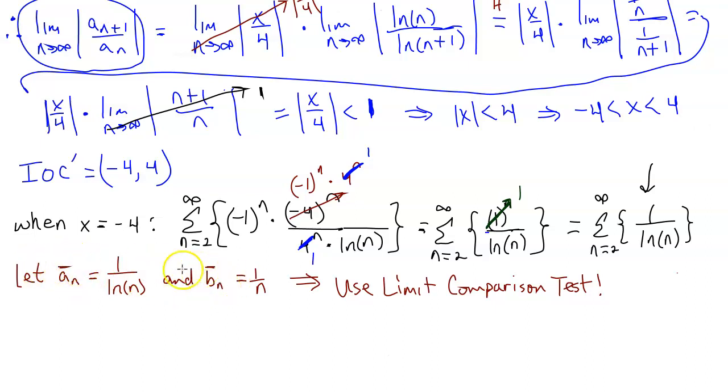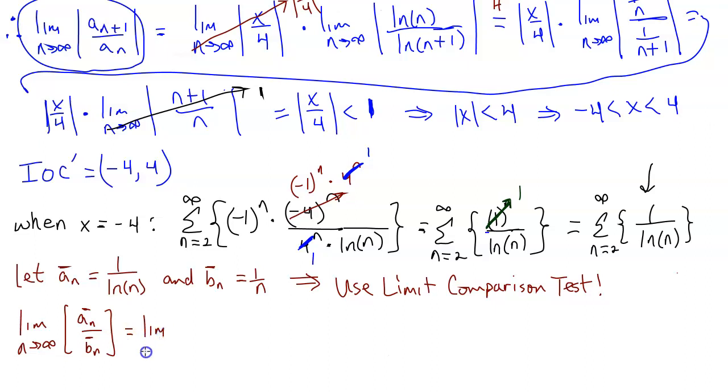I've put little dashes over it just to make the A sub n and the B sub n here different than the A sub n that I defined up earlier in the problem. So what we want to do now is take the limit as n approaches infinity of A sub n dash over B sub n dash.